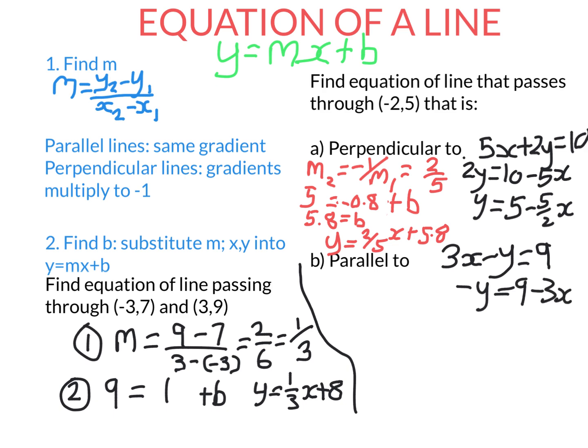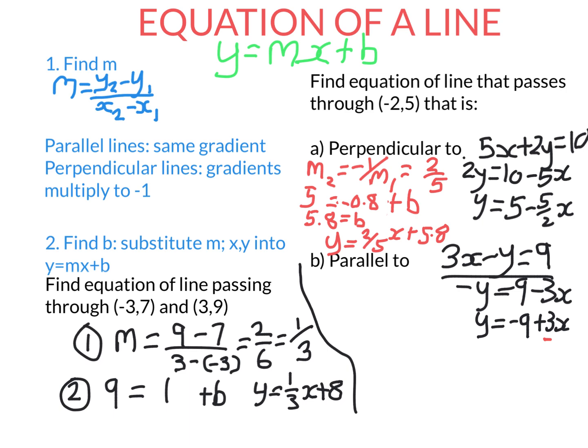Now, I can change the sign of this side as long as I change the sign of everything on the other side. Essentially, we're multiplying each side by -1. So I get y equals -9 plus 3x. The gradient of this line here is +3. So any line parallel to this line will also have a gradient of 3.